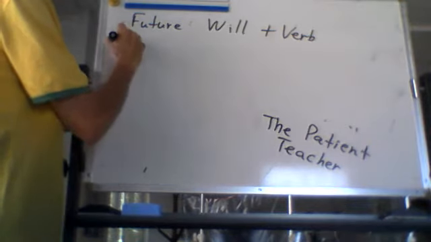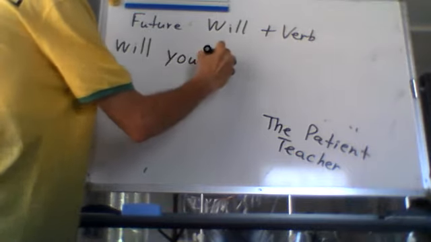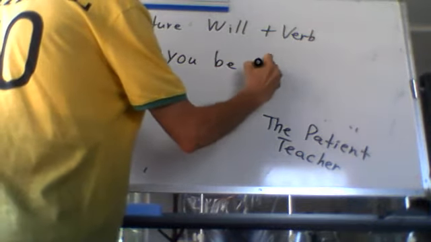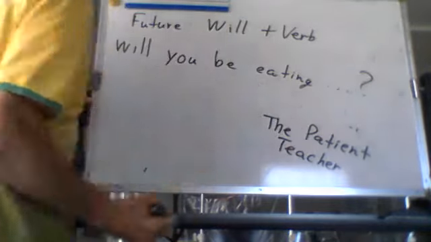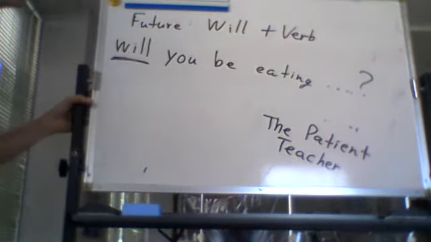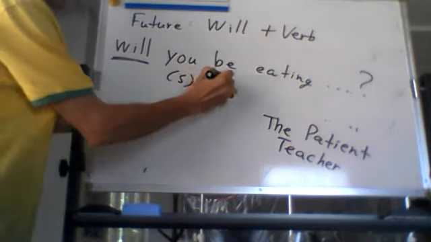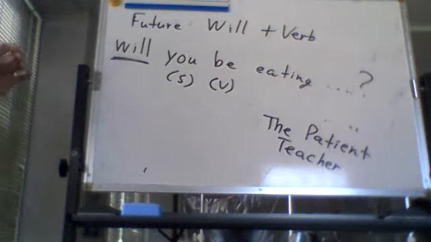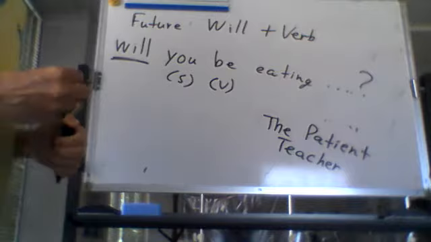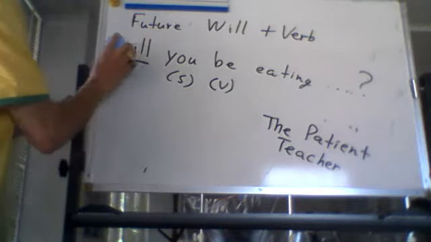So then we would have, will you be eating with us, right? Will is going to come here, okay? So you have will, and then subject, and then verb, okay? Okay, so that's it for questions. That's all the rules in the grammar.